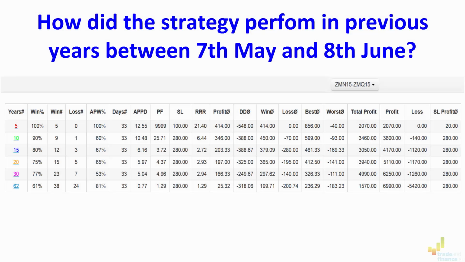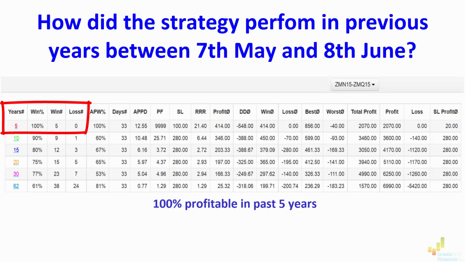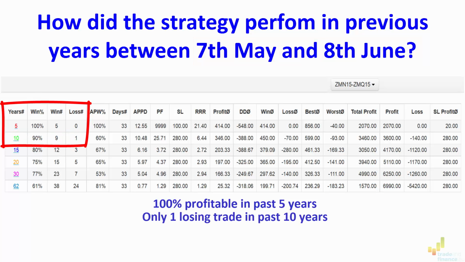Let's have a look at the results of this strategy in past years. We can see that in the past 5 years, this trade was profitable in each year in case that we opened the trading position on the 7th of May and we closed it on the 8th of June. Looking at 10 years back, there was only a single year when the seasonality didn't happen.